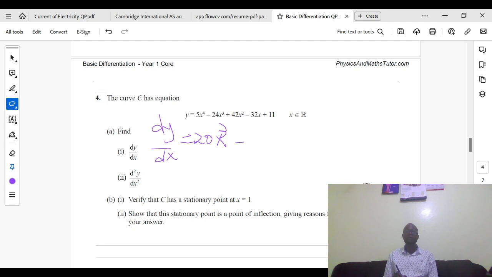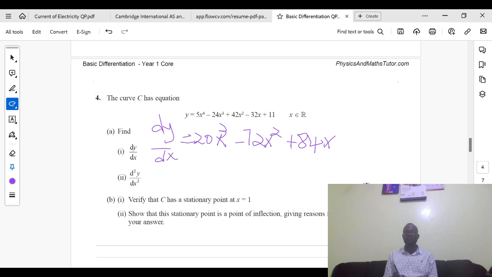Minus, go to the second term, we have 3 multiplied by 24, which is 72, and then subtract 1 from the power, that is 3 minus 1, which is 2. Then go to the third term, 2 multiplied by 42 gives us 84, and then we subtract 1 from 2, which is 1. So we don't write the 1, just leave it as x.